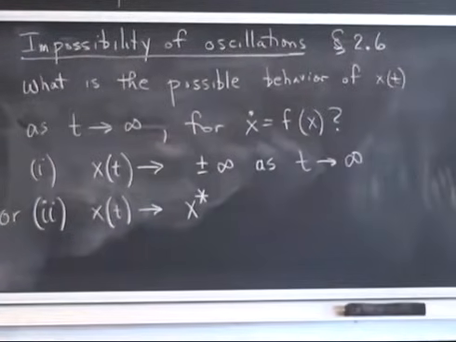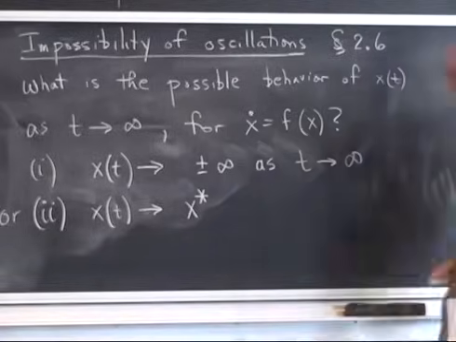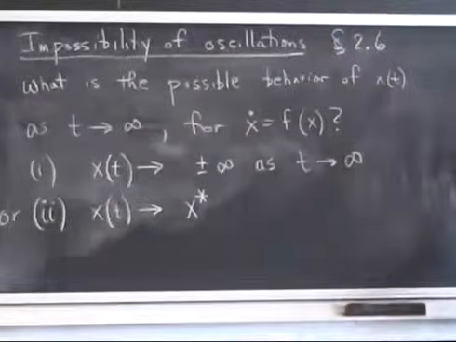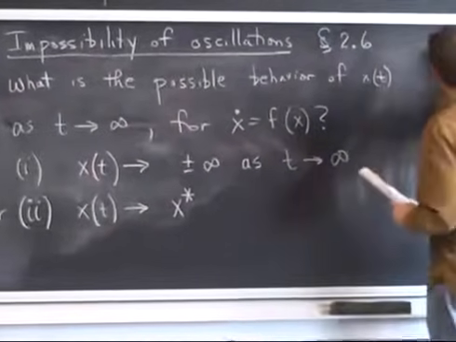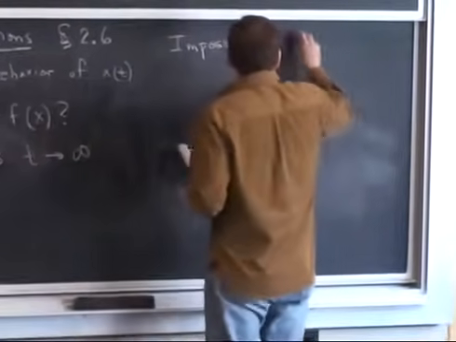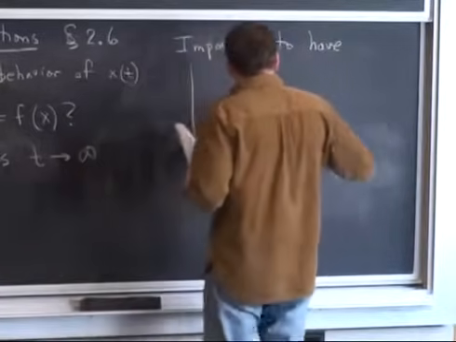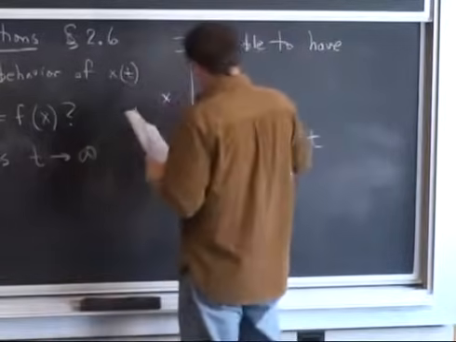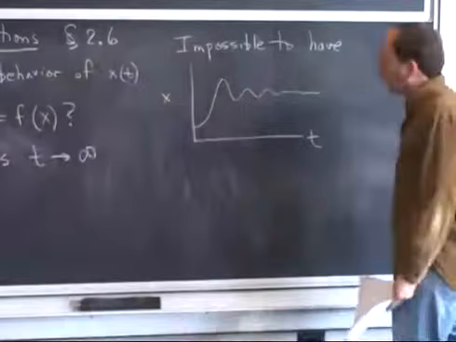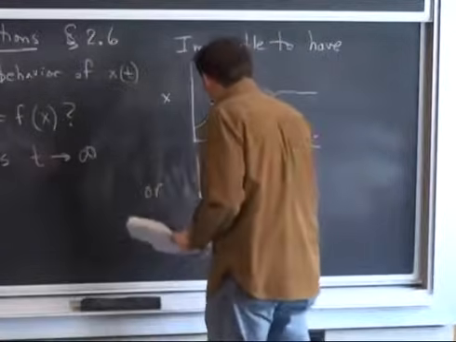And in particular, what's not possible is anything like an oscillation, a periodic solution, even a damped oscillation is not possible. So it's impossible to have something whose time series would look like this, or even a more periodic, like a truly periodic one.